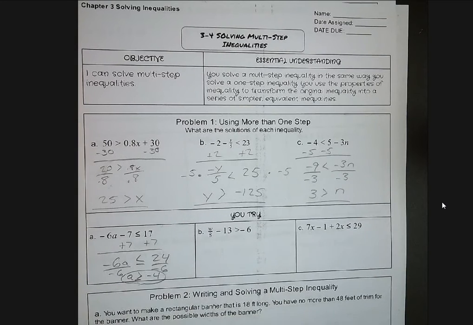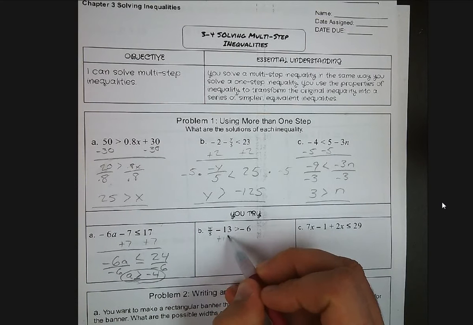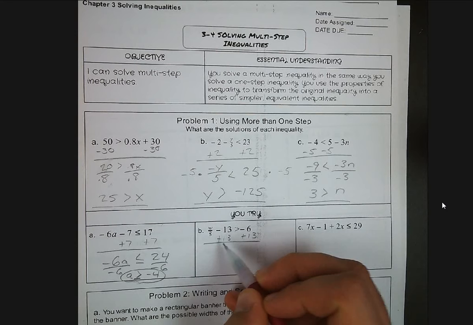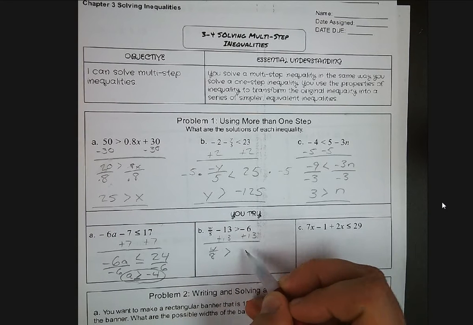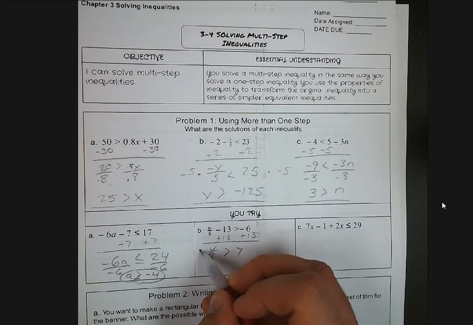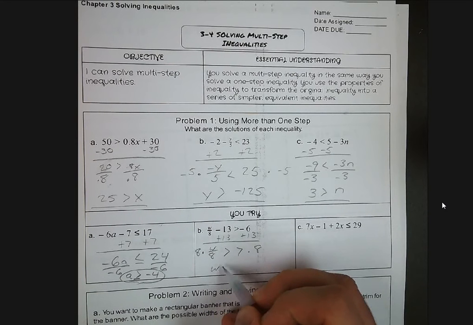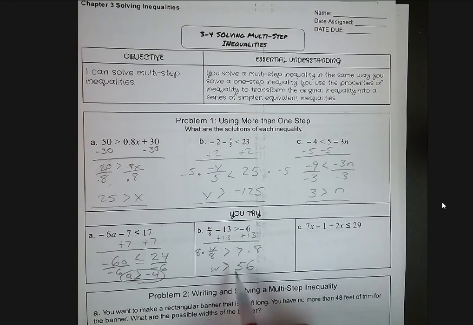Okay. Letter B, we're going to add 13 to both sides of the equation. So w over 8 is going to be greater than 7. Multiply both sides of our equation by 8. And w is going to be greater than 56.